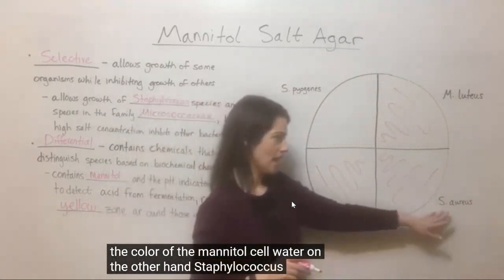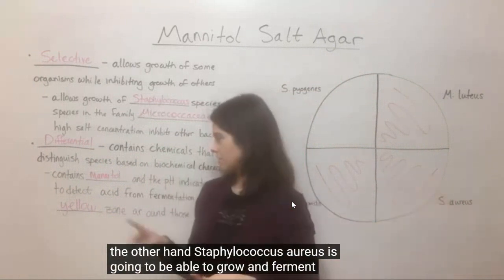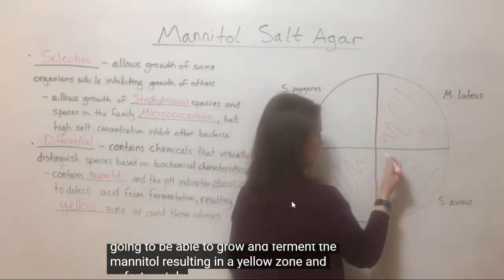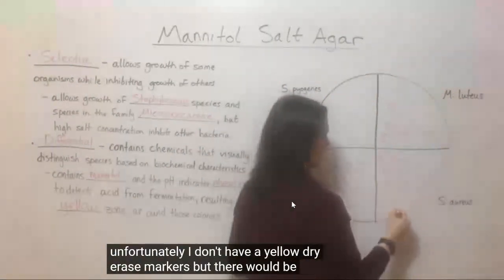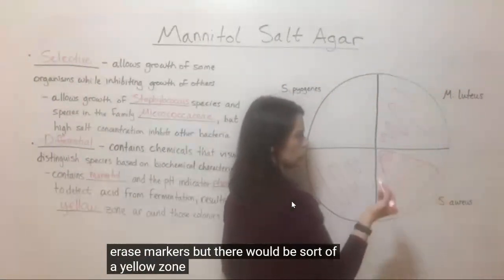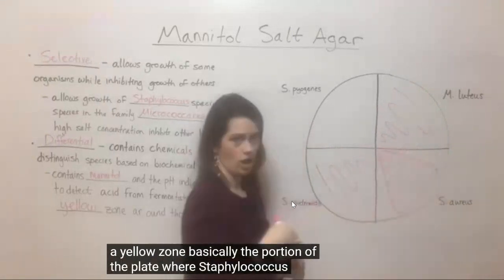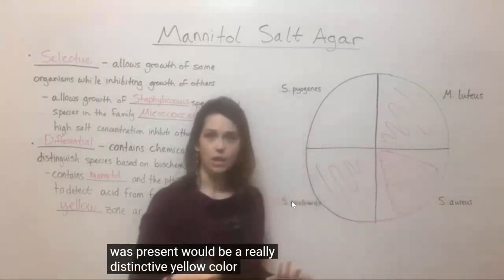On the other hand, Staphylococcus aureus is going to be able to grow and ferment the mannitol, resulting in a yellow zone. And unfortunately, I don't have a yellow dry erase marker, but there would be sort of a yellow zone. Basically, the portion of the plate where Staphylococcus aureus was present would be a really distinctive yellow color.